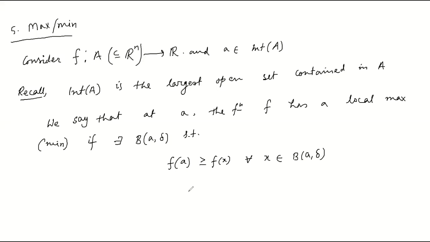Or for a minimum, f of A is less than or equal to f of x for all x belonging to B(A, delta), respectively.